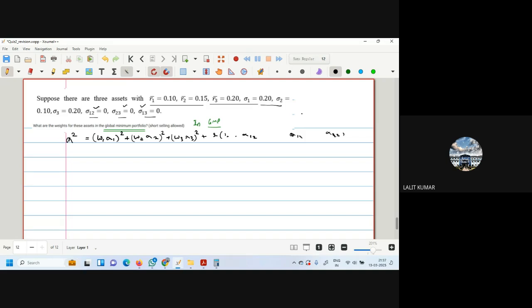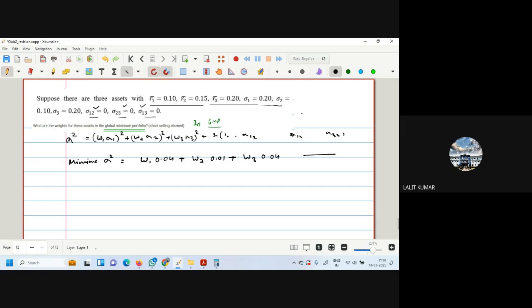The problem is to minimize sigma square, which is equal to W1 sigma 1 square, we can write 0.04, plus W2 is 0.01, plus W3 into 0.04.